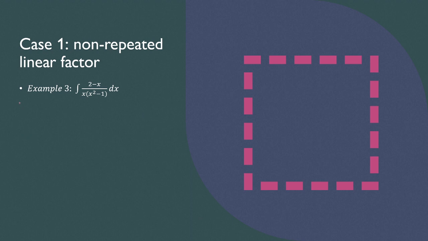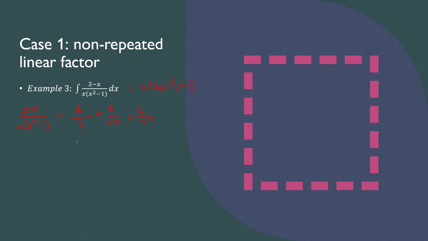To show you, the integral of 2 minus x over x times x plus 1 times x minus 1 is equal to a over x plus b over x plus 1 plus c over x minus 1.